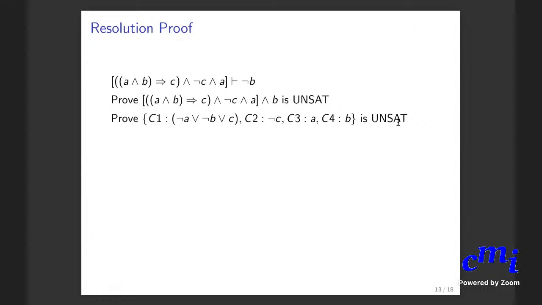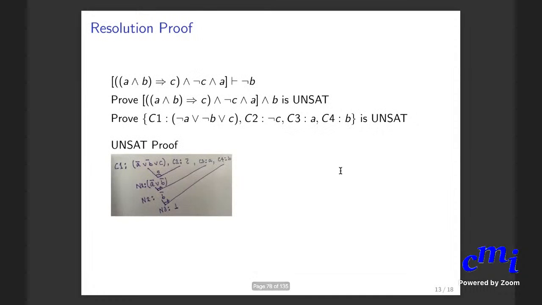Okay, so we have to prove that this is unsat. Here, each V denotes an instantiation of the resolution inference rule. There are clauses C1 and C2, which have C with different polarity.